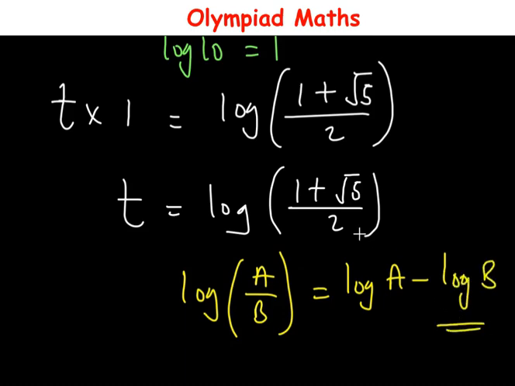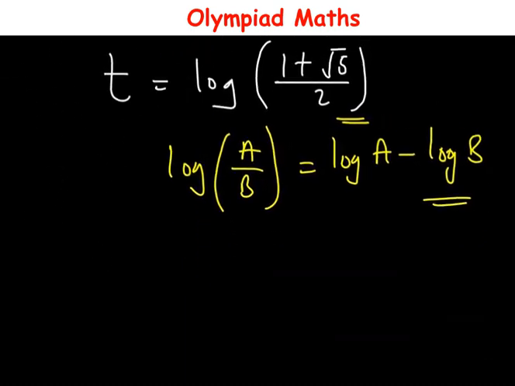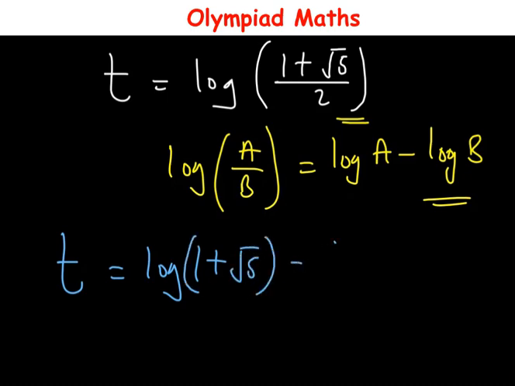So applying this, the value of t is equal to log(1 + √5) minus log 2.